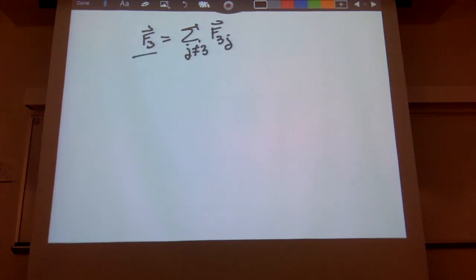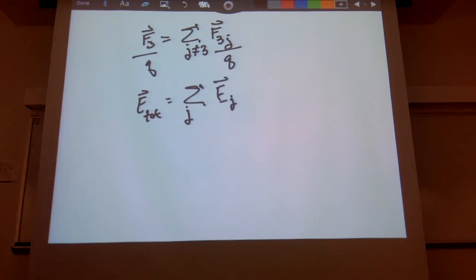If I simply divide both sides of this by q, what this means then is that the electric field at the third particle is equal to the sum over j of Ej. So basically, all this means is that the total electric field at some given point is simply equal to the sum over all of the electric fields. Which means that since the force abides by the superposition principle, so does the electric field. Electric field abides by the superposition principle.